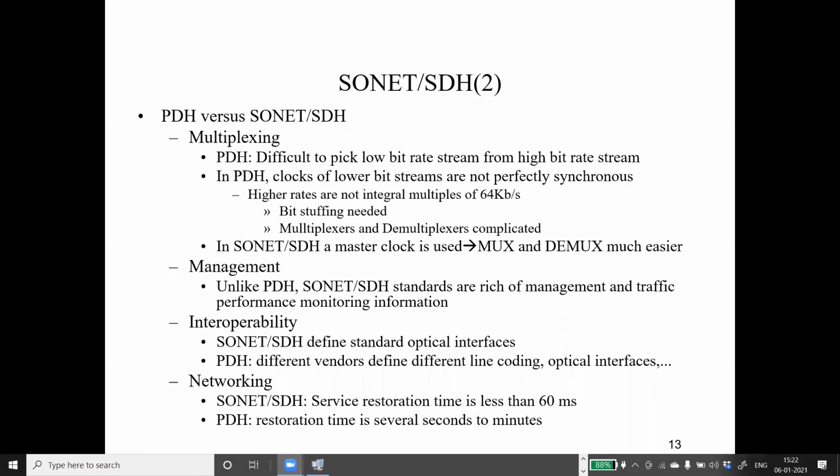Everything is systematic in the Sonnet system, and therefore the restoration is fast. Because restoration is fast, we get minimum data loss. I talked about how a few seconds of communication loss results in a large amount of data loss, which is overcome in the Sonnet system, as compared to the previous system, where it sometimes took several seconds to several minutes or hours to restore the system.